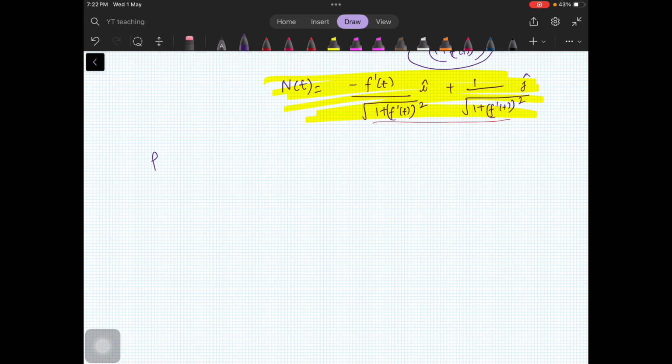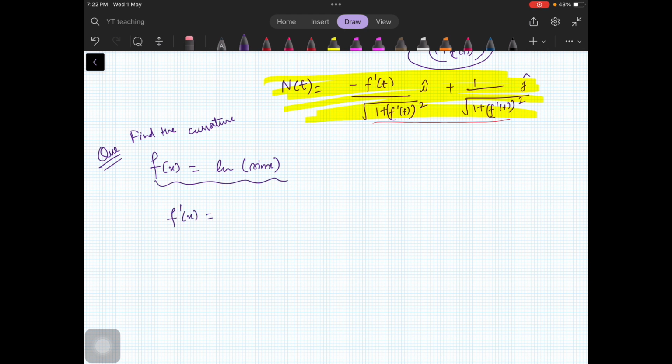I want to use this formula to find out the curvature of the curve log of sin x. So, find the curvature. It is your choice what you want to use, which formula. So, I am using this formula. Whenever you are given like this, go for this formula. So, f dash x is 1 upon sin x times cos x, using the chain rule. So, that would be cot x, and f double prime x would be minus cosecant square x.